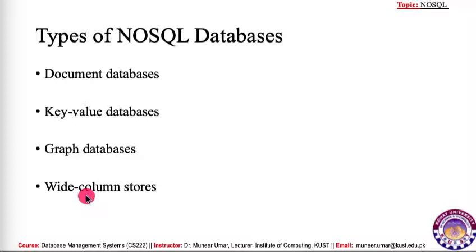But here in wide column stores, the NoSQL database, there would be rows, but for each row, the attributes or columns might be different. Many consider wide column stores to be two-dimensional key value databases.